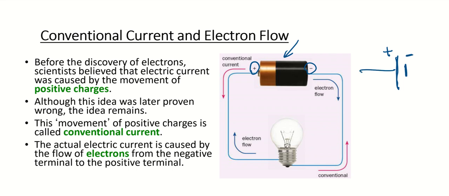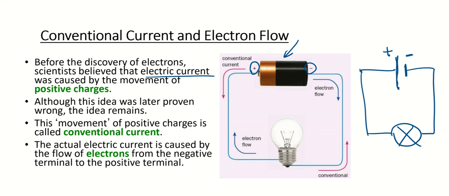Okay, so I'm representing this circuit using the symbol, which is much easier to draw. Okay, so because before the scientists discovered electrons, they wrongly believed that electric current is caused by the movement of positive charges. Now, if you link back to your chemistry, positive charges, I can take it that they are protons.